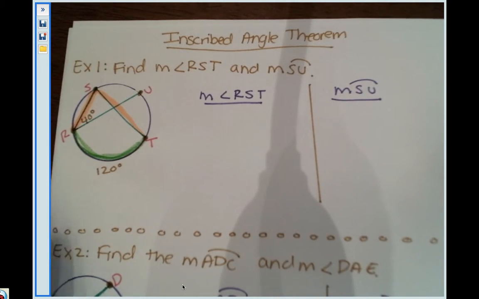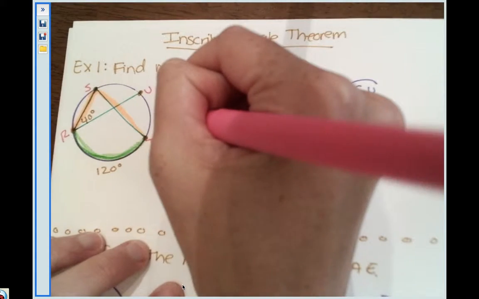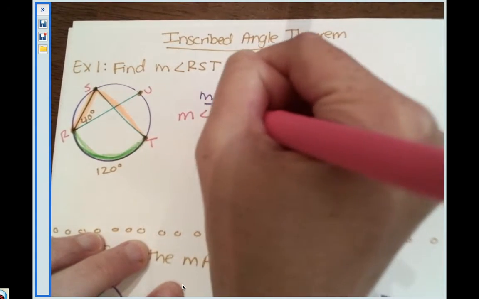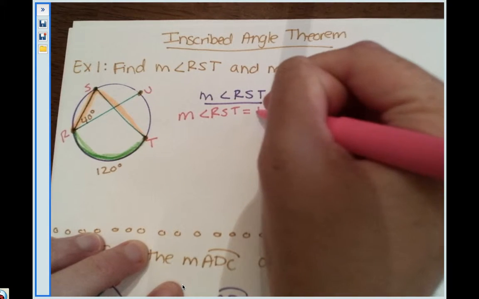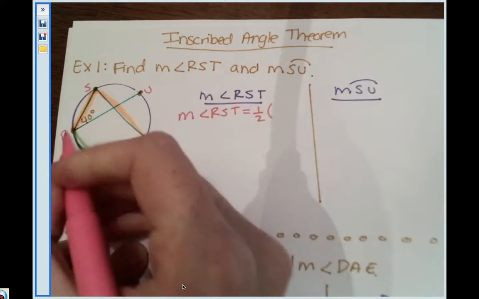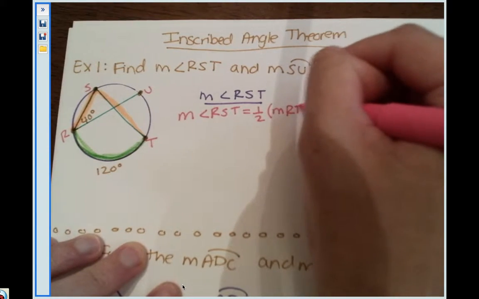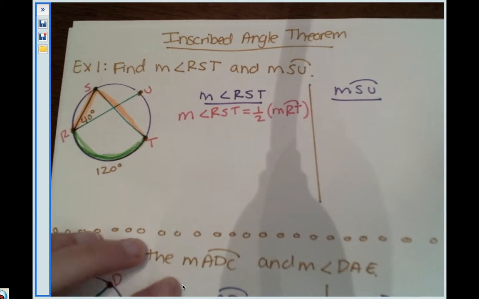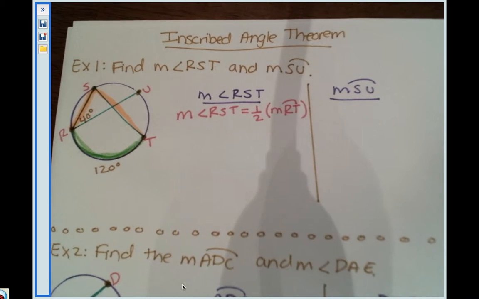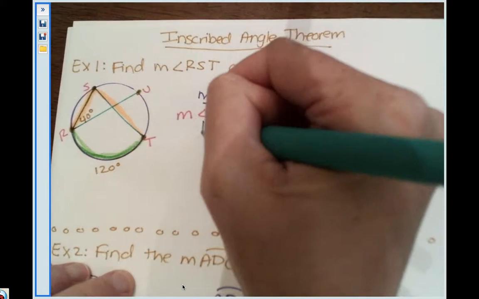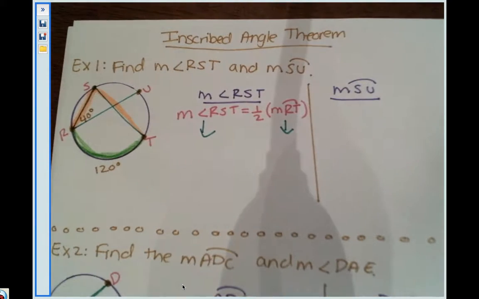The measure of angle RST equals 1/2 the measure of its intercepted arc, the measure of arc RT. Then I can quickly solve. I don't know what RST is, that's what we're solving for.